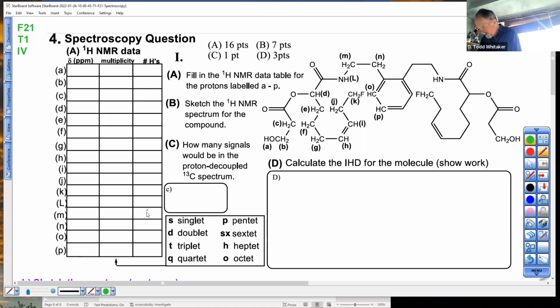M and N are 4 each. L, the H on the N. There's 1 there and 1 to the right. That's 2. Let's go with D. There's 1 here and 1 way over here. Right there, that's 2. And that was L. You got L. D, there's 2.